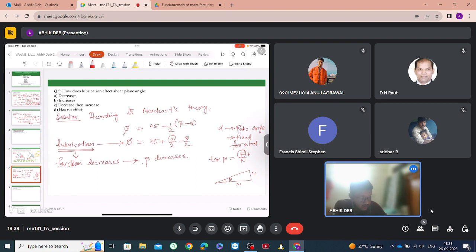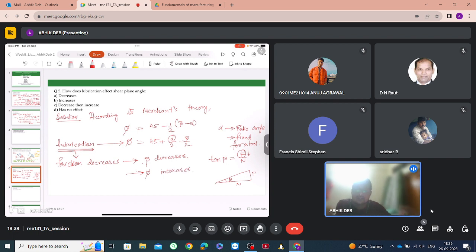So in this equation now, if beta decreases, what will happen to phi? Phi will increase. Yes. And what have we seen?